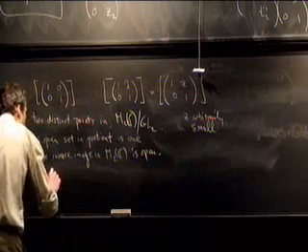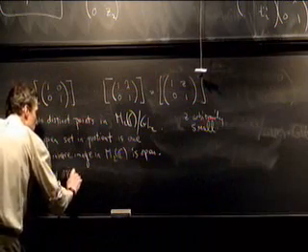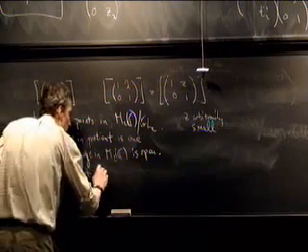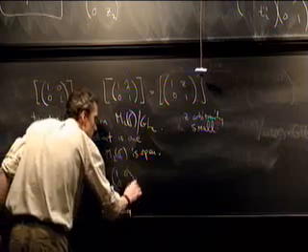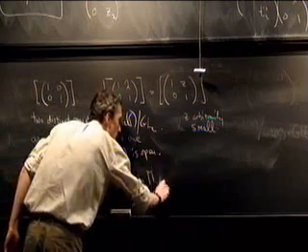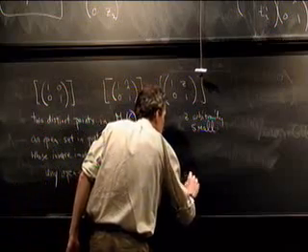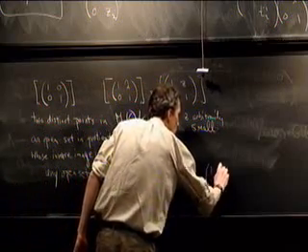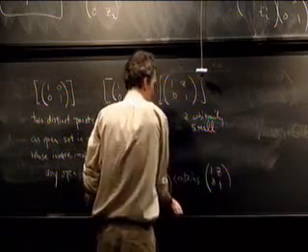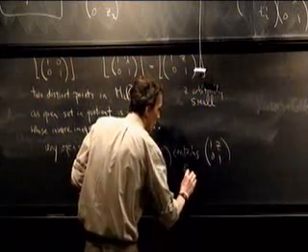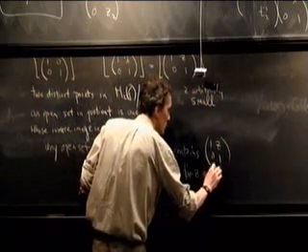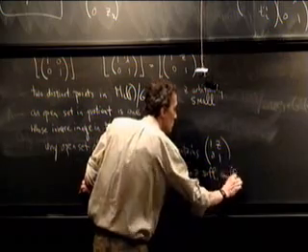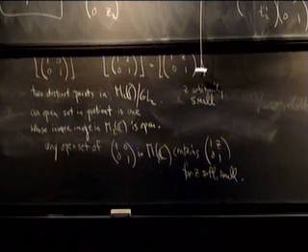But any open set of the unit matrix in M2C contains 1 Z 0 1 for Z sufficiently small. Right?